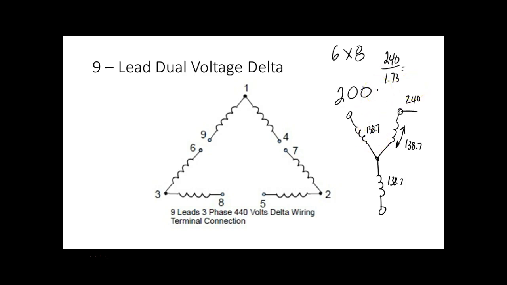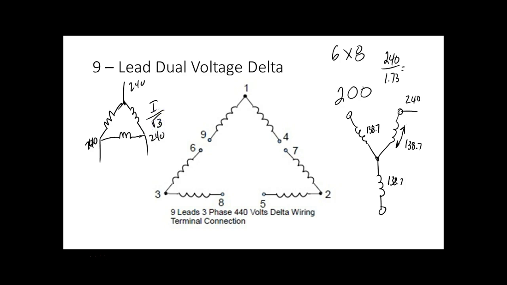So if we had a motor, now when we get up to delta, the voltage across the windings are the same. So that means if I come over here and put 240 here, then I would have 240 across this when I measure it, right? So what delta does to get the horsepower, the current is divided by the square root of 3.